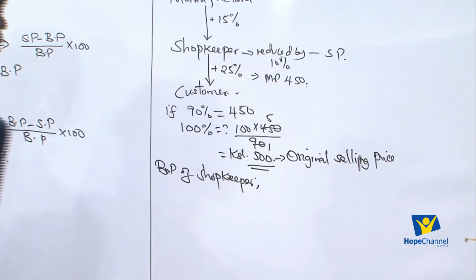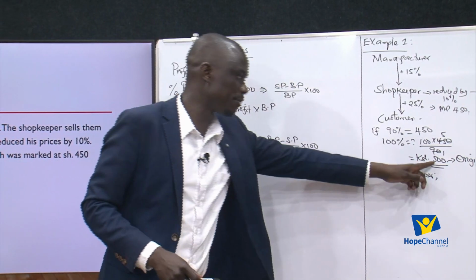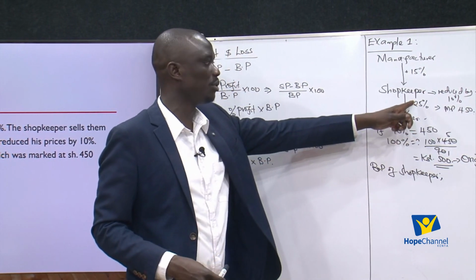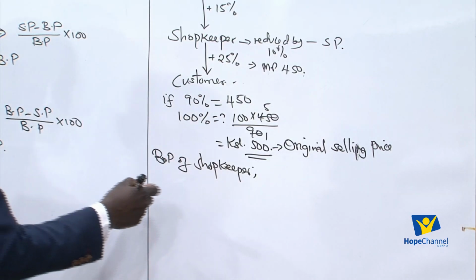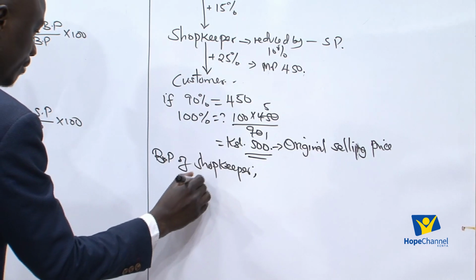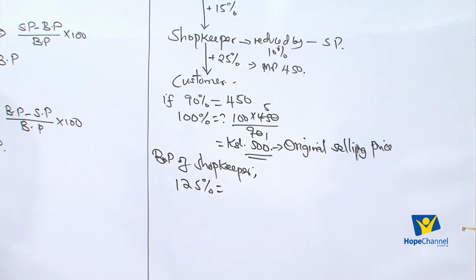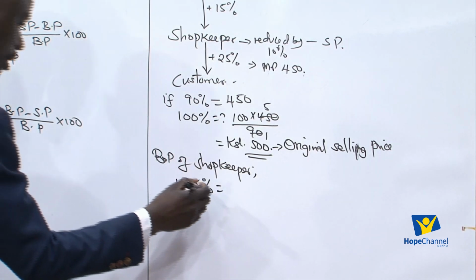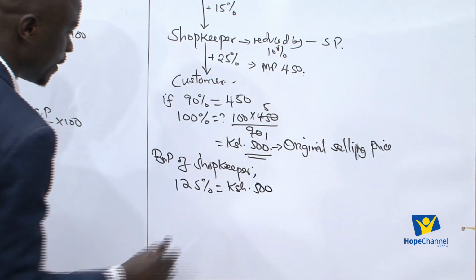So I want us to calculate the buying price of the shopkeeper. This 500 includes the 25% profit. So 125% is equivalent to shillings 500, because profit is always an addition to the buying price, which is 100%.